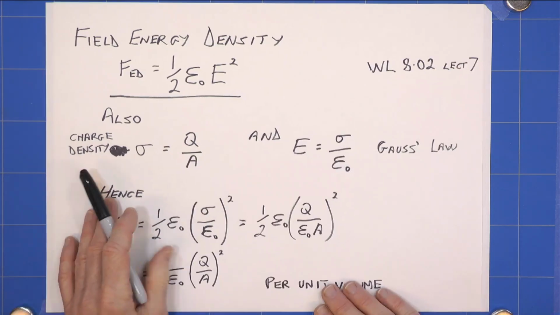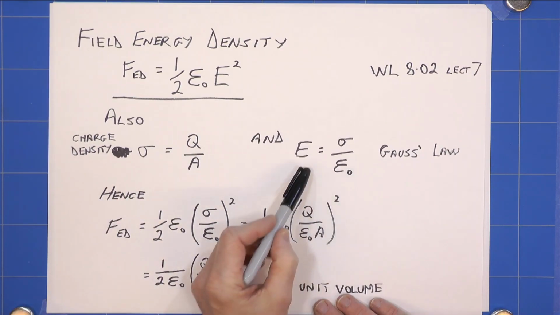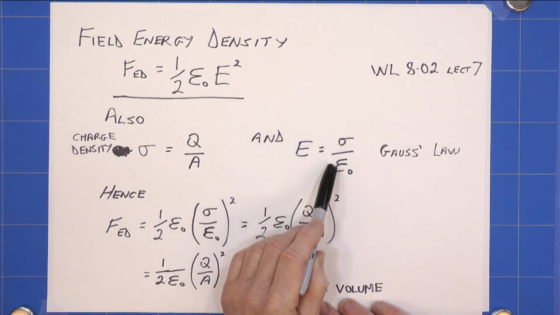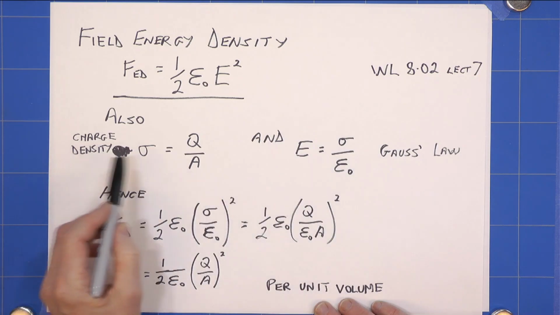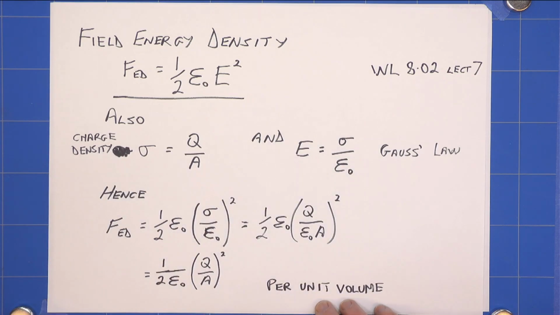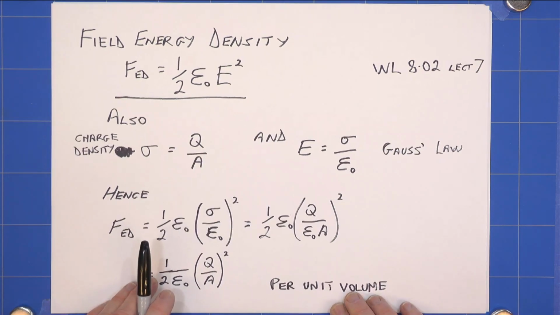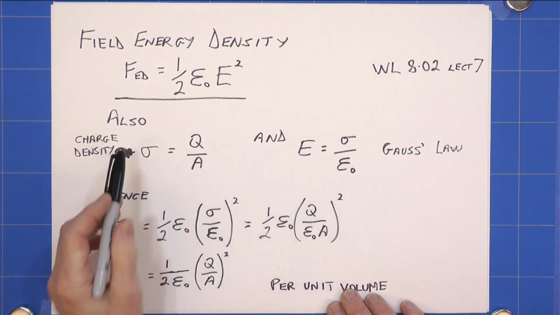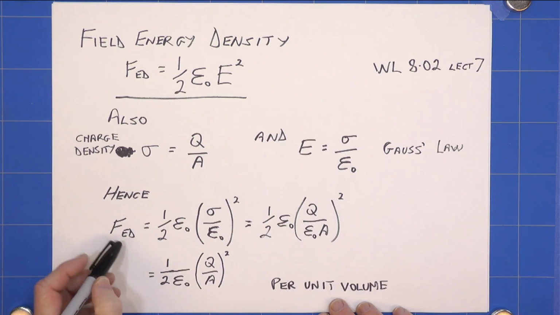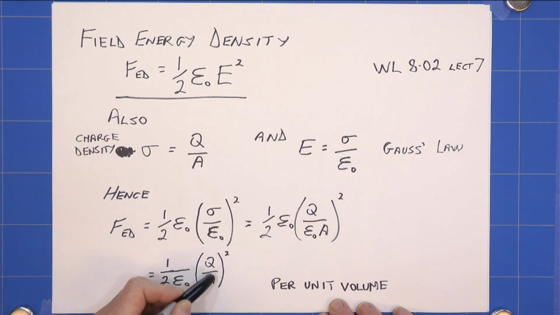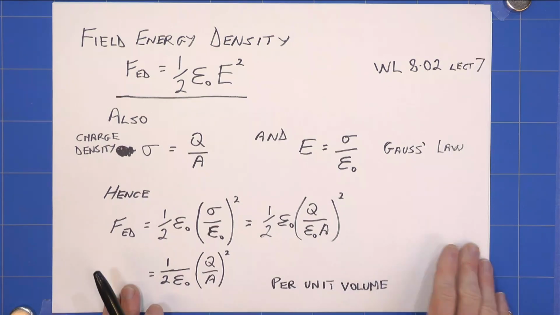That makes reasonable sense. And also from Gauss's law, we get that E, the electric field, is sigma, the charge density, divided by epsilon naught. So eliminating the variables that we don't know, E and sigma, we can see that the field energy density is 1 over 2 epsilon naught, Q over A all squared, and that's per unit volume.